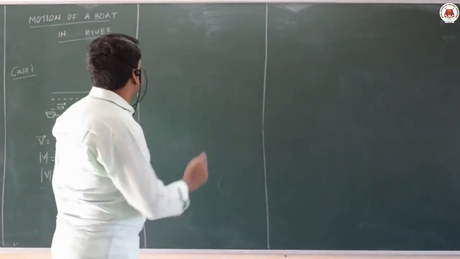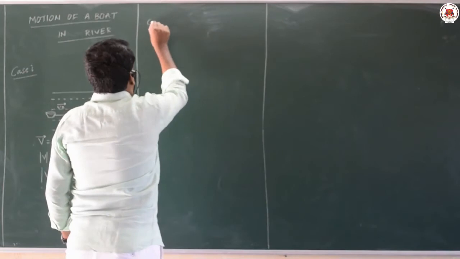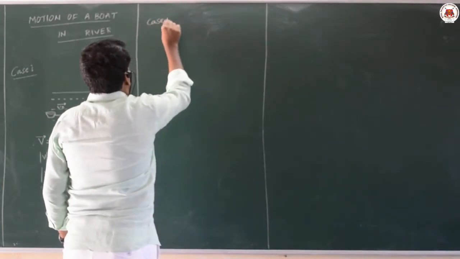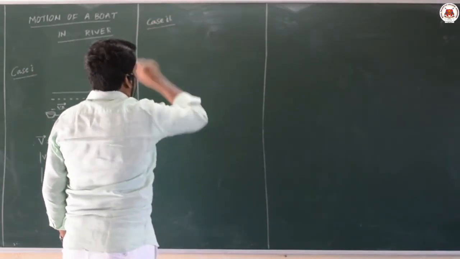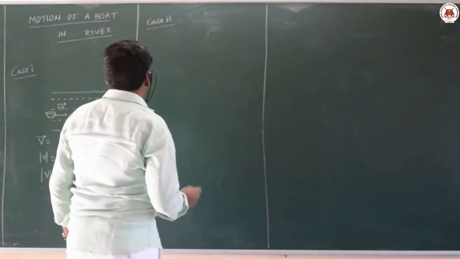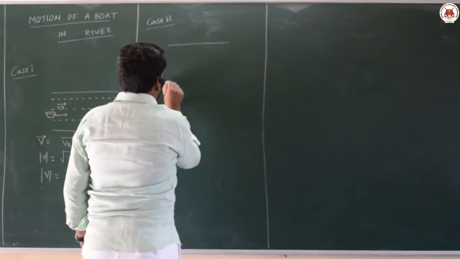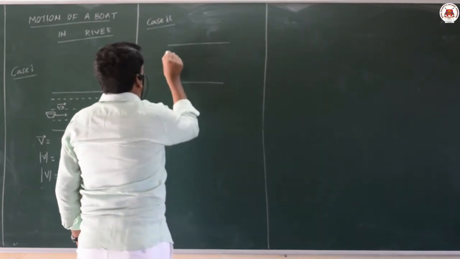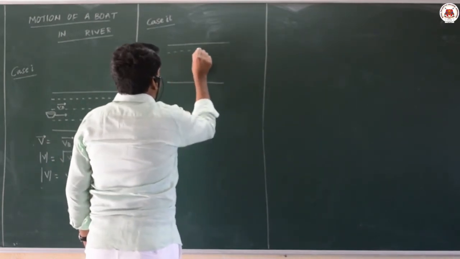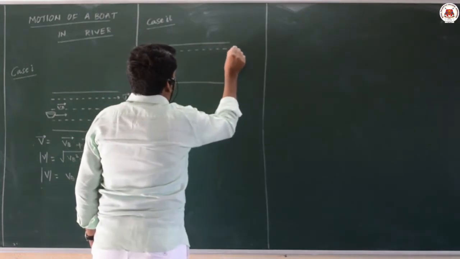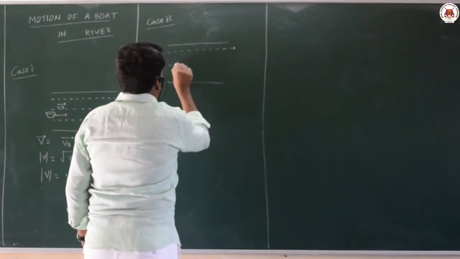Next, case 2. In case 2, what happens? I am going opposite to the river direction. Again, this is the river. This is the velocity of water, that is, I will take it as velocity of river.